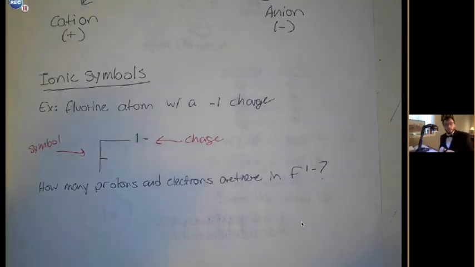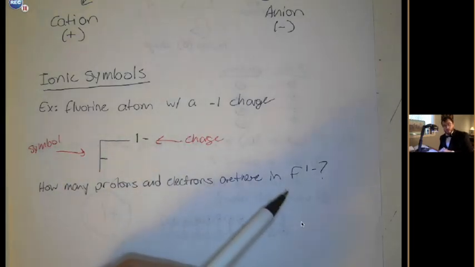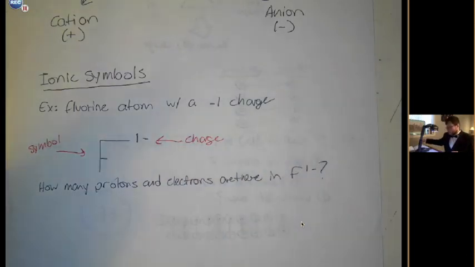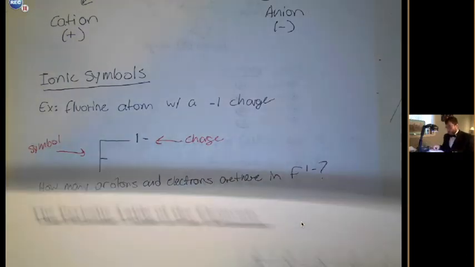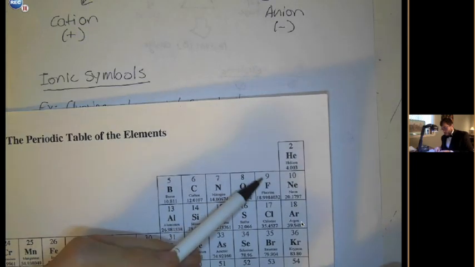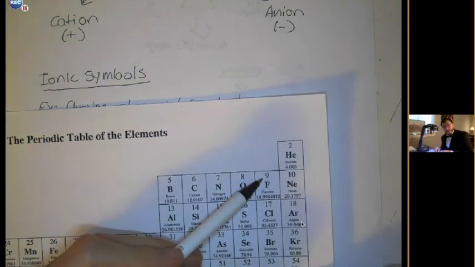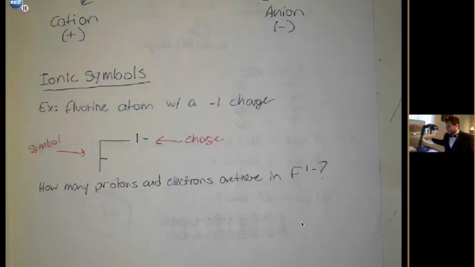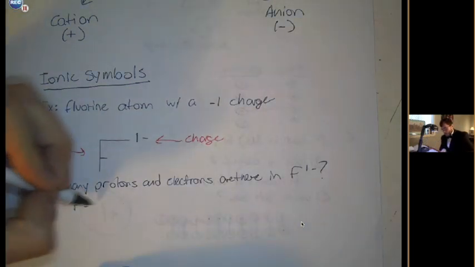So how many protons and electrons are there in fluorine with a -1 charge? Well, what we need to do first is look up how many protons fluorine has. Fluorine has 9 protons because it has an atomic number of 9. So its protons is equal to 9.